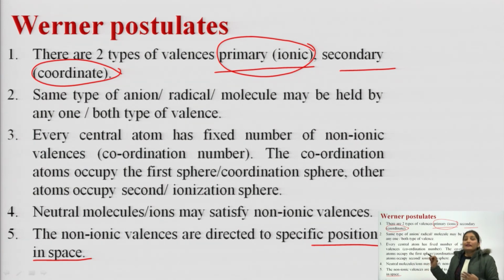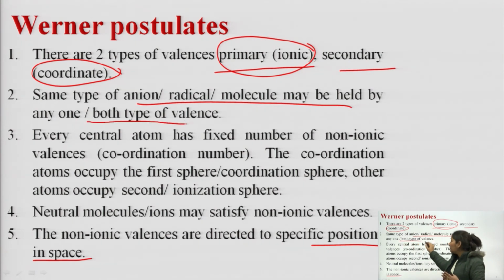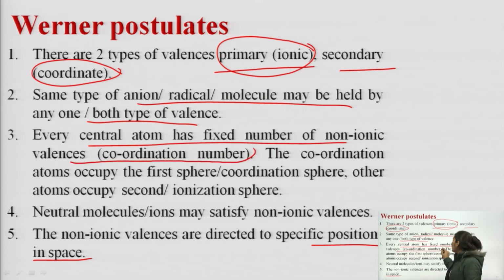Second, the same type of anion, radical or molecule may be held by any one or both types of valency. Third postulate is, every central atom has a fixed number of non-ionic valencies or coordination number. It means every central atom has a fixed number of vacant orbitals or vacant sites to which ligands can bind and form a coordination bond, and the number of fixed sites is known as the coordination number.